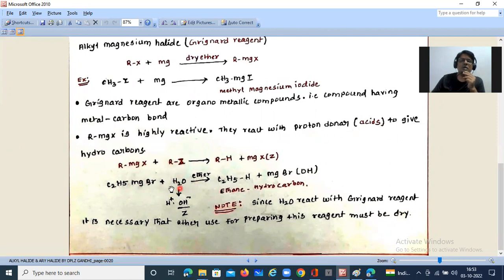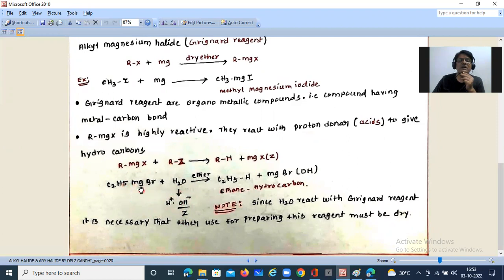RZ is the proton donor. H2O, we know, has H plus and OH minus, whereas OH minus can be termed as what? Nucleophile. So with C2H5, the H plus, the proton donor, can attack over here.